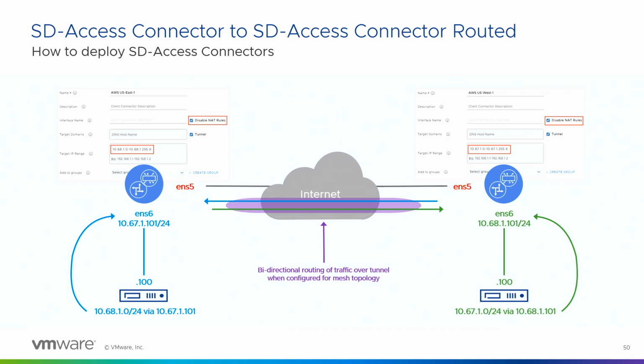You could deploy a connector in each one of them, point the IP ranges they're responsible for advertising, turn off NAT functionality, enable IPv4 forwarding on the host Linux OSs, and of course advertise the routes in Azure and AWS respectively to those ENIs. Then you're going to be able to start bridging these network domains using the connectors.